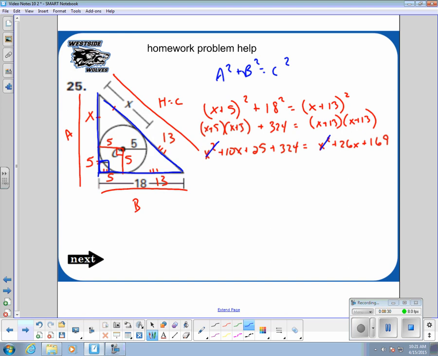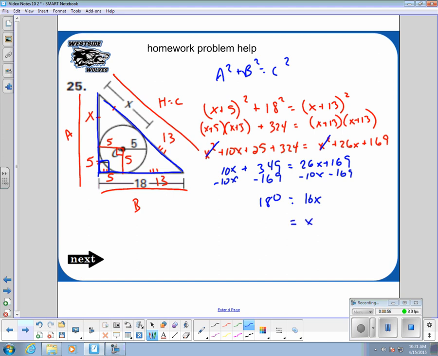And so then I have 10x plus 349 equals 26x plus 169. I want to get the values to be positive, so let's just subtract 10x here and 10x here, and minus 169 here and 169 here. And so we get 16x equals 180.